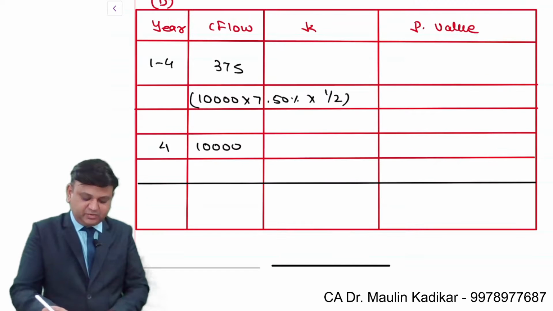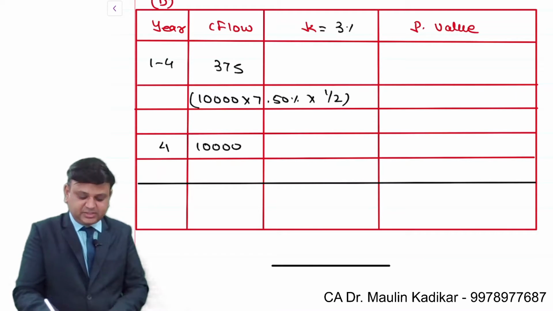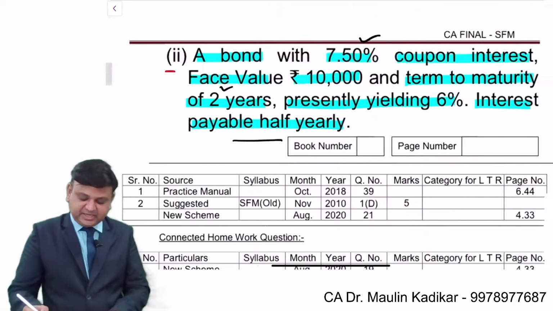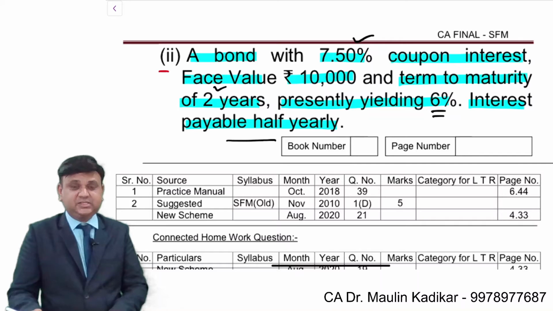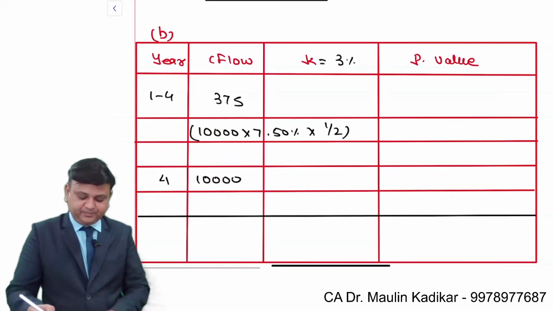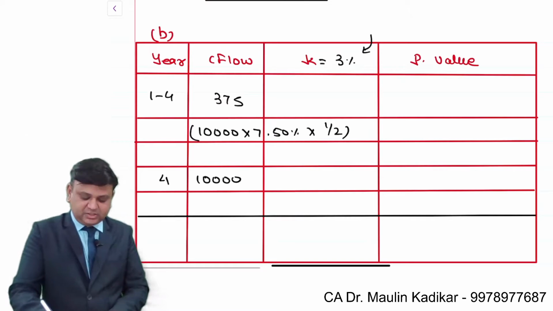This cash flow series will be discounted with the required rate of return, and that is 3%. Why 3%? Because you can see that the required rate of return is given as 6%. As it is going to be half yearly income that we are going to receive, so it is 6% into 1 by 2.